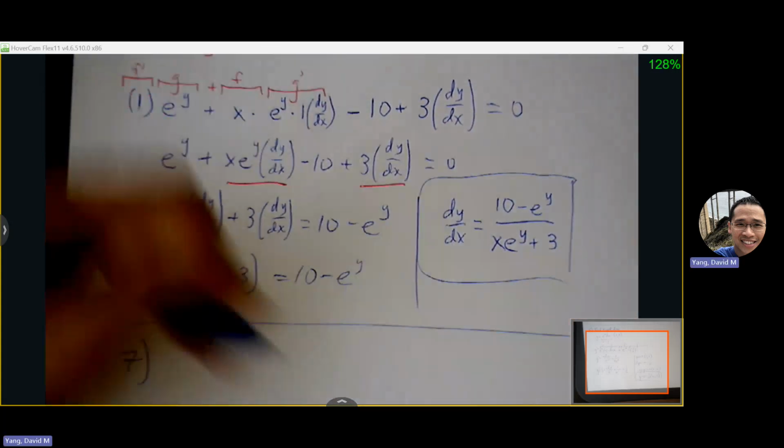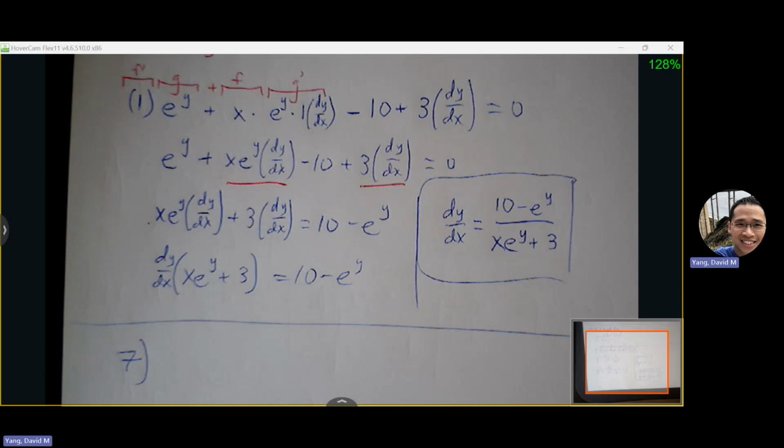Okay, number 7. We have implicit as well, similar to example 6, but it's just taking it one step further and asking for the tangent line equation. So they're giving us the ordered pair. We'll find the derivative, plug in the ordered pair, find the slope, and then point slope form.